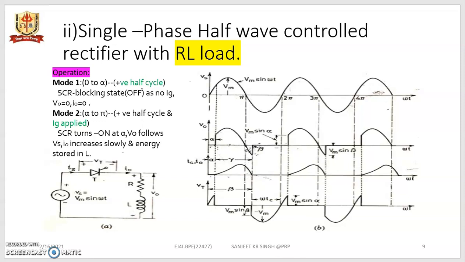So this is the second mode, when the gating pulse is applied and the SCR is forward biased from alpha to pi. From alpha to pi we get the rectified output voltage.